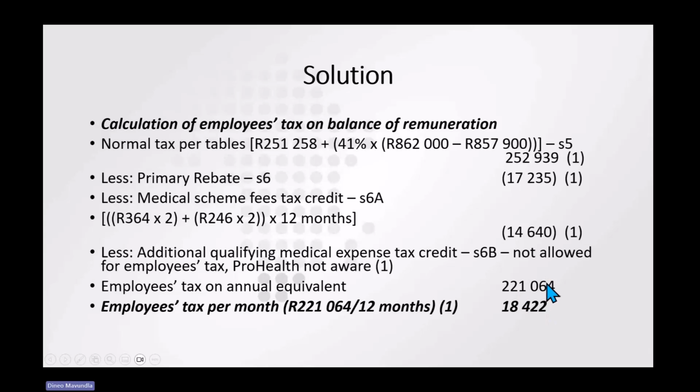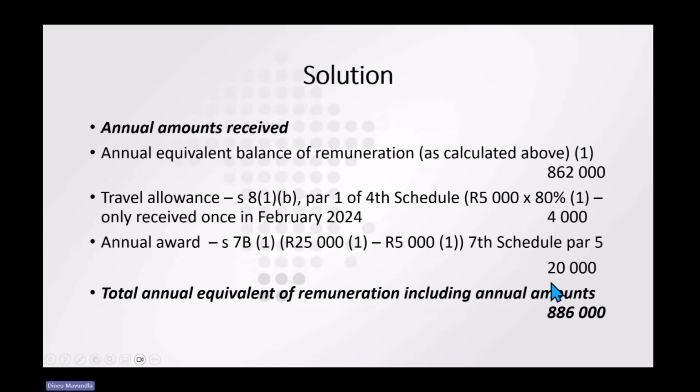Now we're going to do the calculation on the annual payments, or the annual amounts that we received. So now we take our annual equivalent balance that we worked out at the top. This is our normal income for the year, which is our 862,000 Rand, plus our travel allowance in terms of Section 8(1)(b), and also paragraph 1 of the Fourth Schedule.